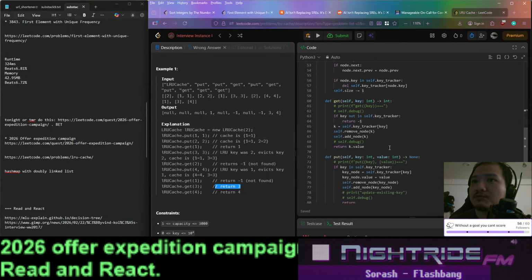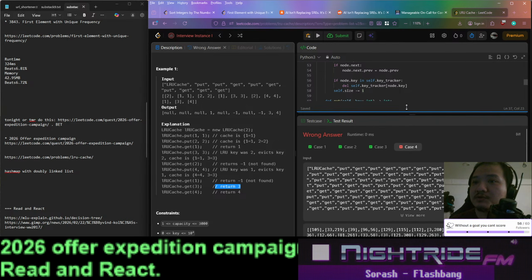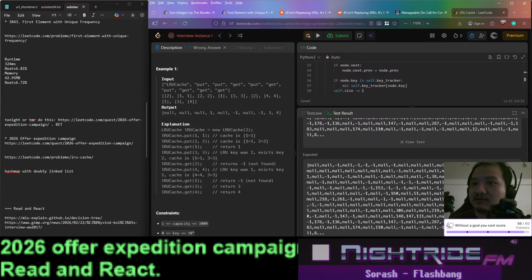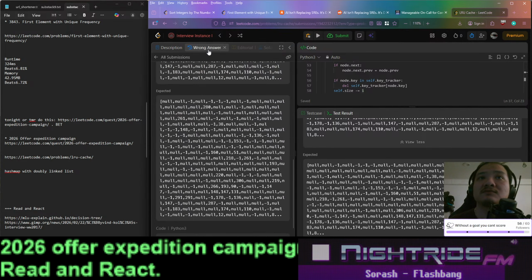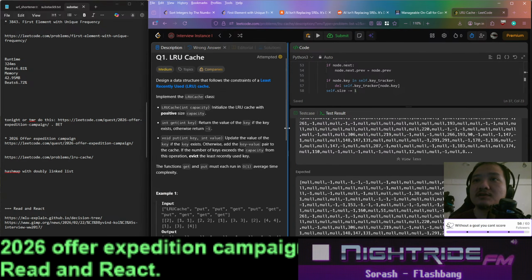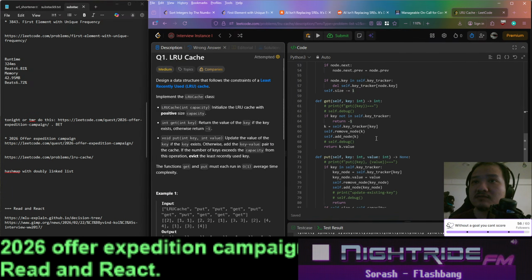Okay. So something we did is wrong and we don't know which is. Yeah, they don't tell us what's the difference. But wrong answer. Something here in the logic we did is giving us wrong. The key not in tracker, then get the key.